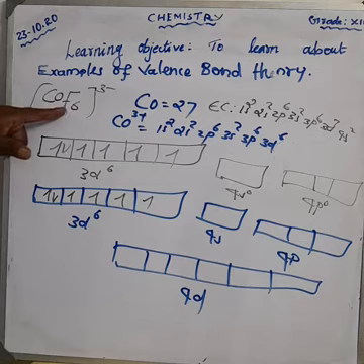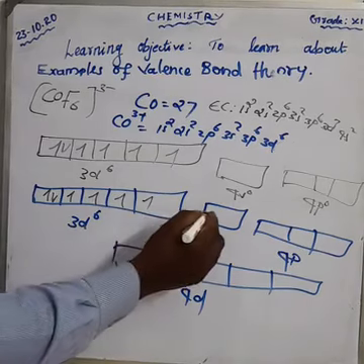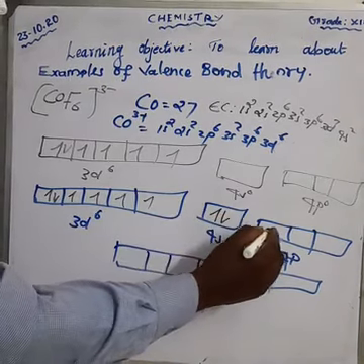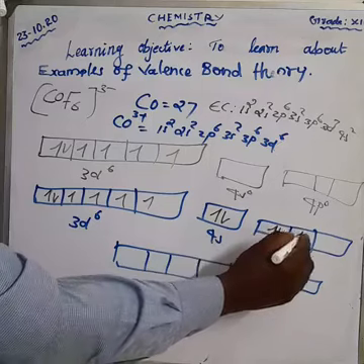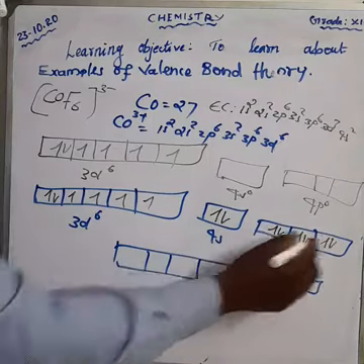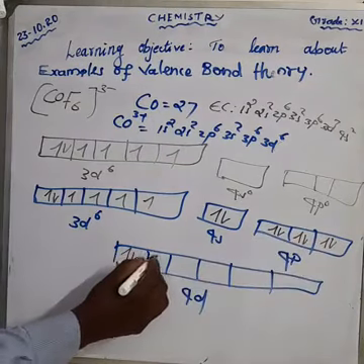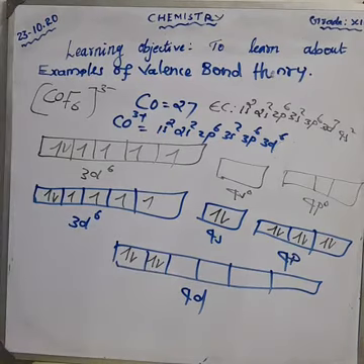So what's the configuration? Here there are 6 fluorine atoms. One of the fluorine atoms is attached here. Second fluorine, third, fourth, fifth, sixth. So what is the configuration?